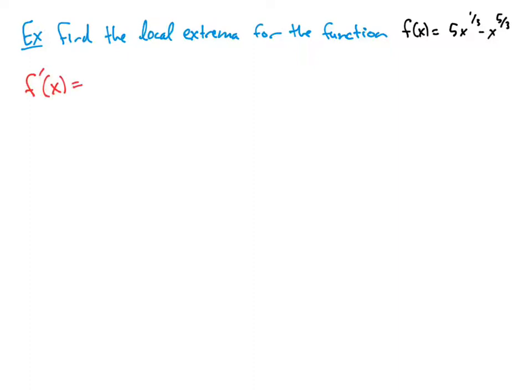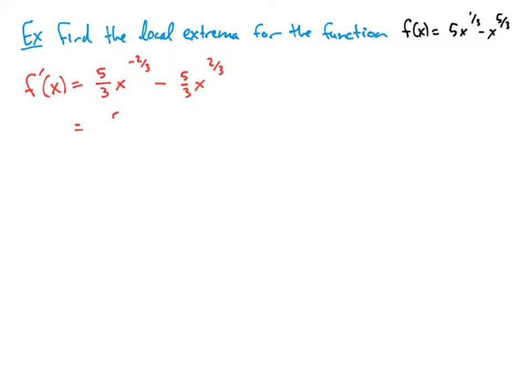So we're just going to use the power rule again. So we're going to have 5 times 1/3, which is 5/3, x to the 1/3 minus 1. So 1/3 minus 3/3 is going to give us -2/3, minus 5/3 x. 5/3 minus 1, so 5/3 minus 3/3 is going to give us positive 2/3 here. Then I'm just going to simplify this a little bit.